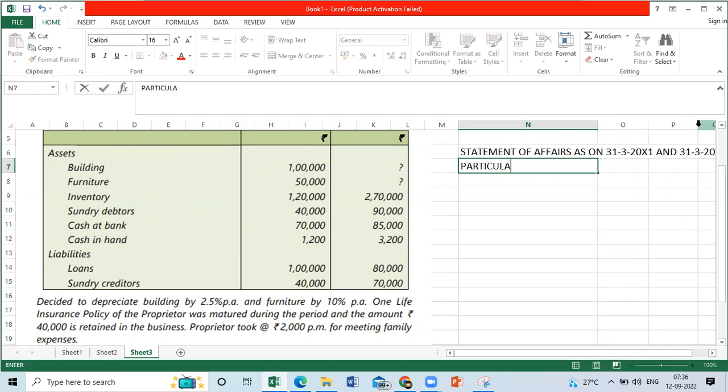Particulars, rupees and rupees. यहाँ पर आएगा अपना हेडिंग एसेट्स.